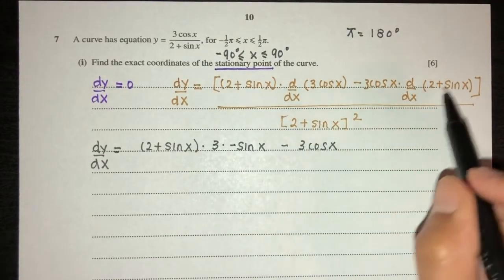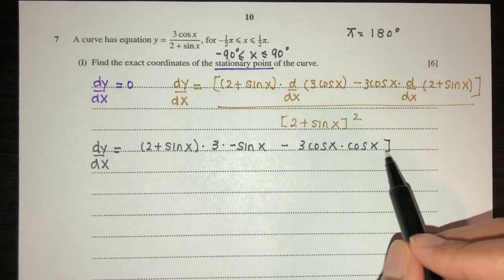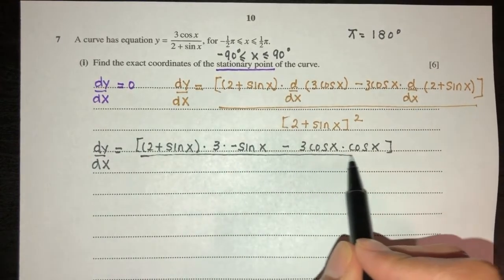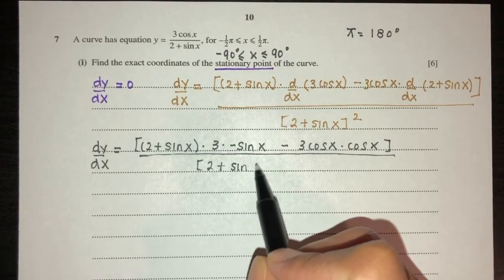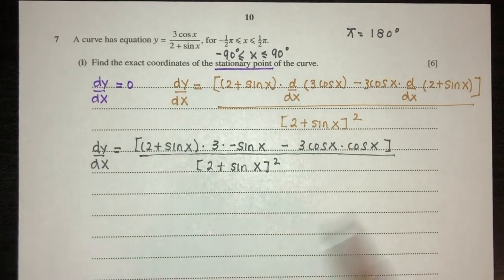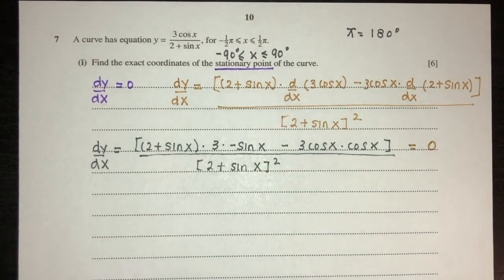D by dx of this will become cos x, and all this divided by 2 plus sine x squared. Now as you can see already, we want to equate that to 0 to find the stationary points.